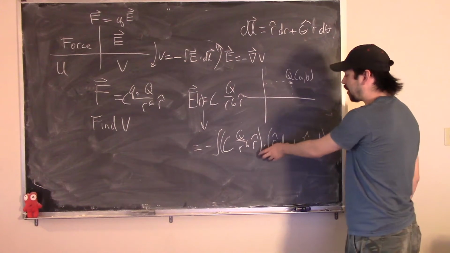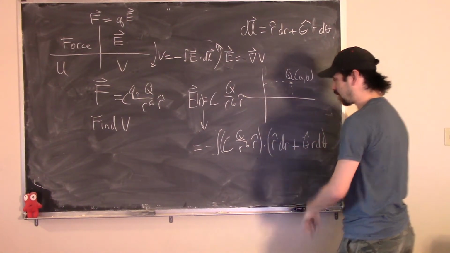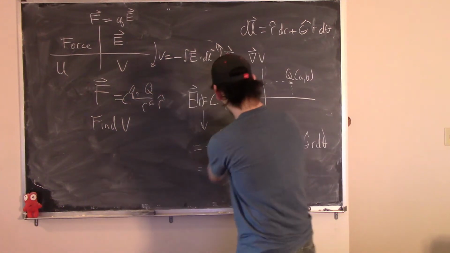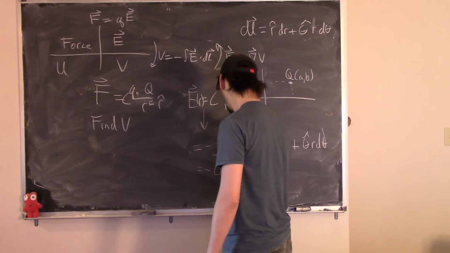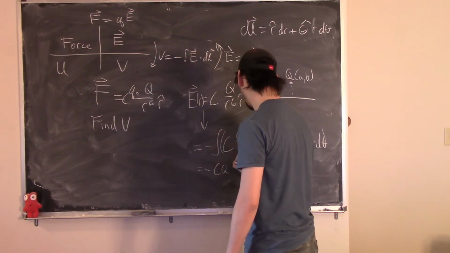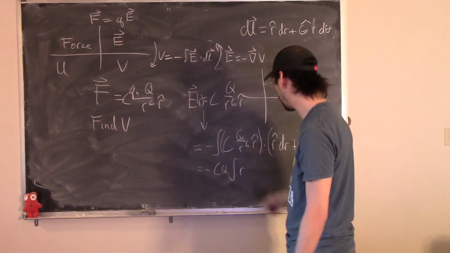When we take this dot product, we see that r hat dot r hat is 1. r hat dot theta hat is 0. And let me factor out some things that are constant here. So this is minus CQ times the integral, and I'm going to write this in an even more suggestive way so that we can evaluate the integral easily.